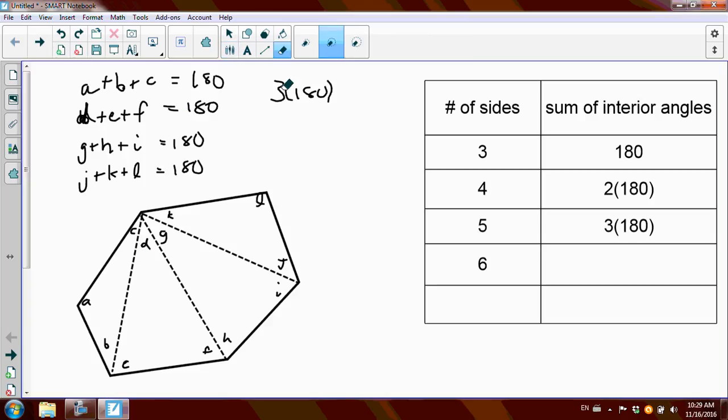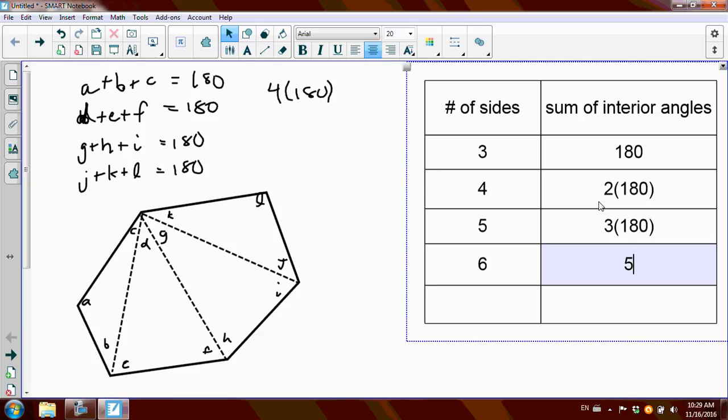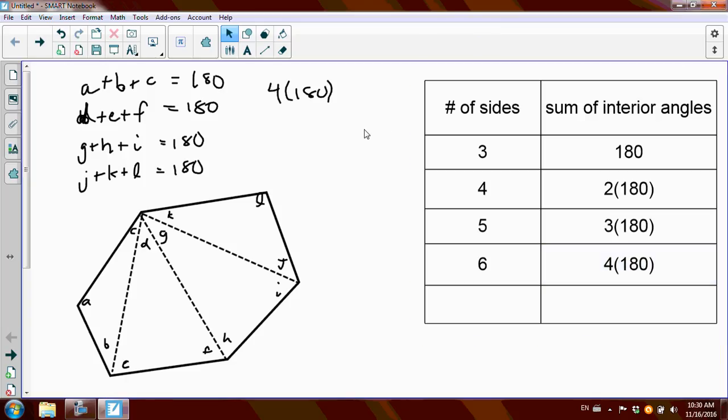So inside the hexagon, there are 4 hidden triangles, and the interior angles of each of those 4 triangles is 180. So 4 times 180. If the polygon has 7 sides, it will be 5 times 180 as the sum of the interior angles.